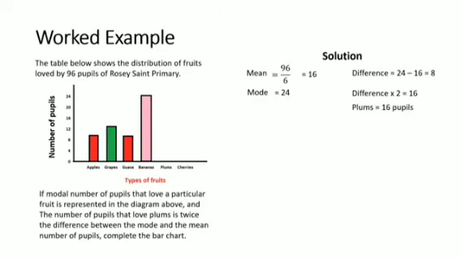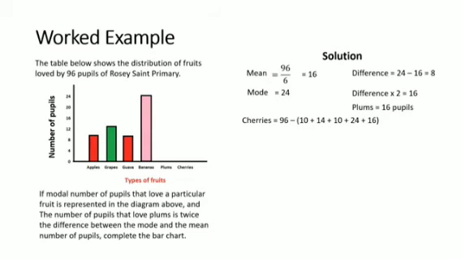Let us try to work out the number of pupils who love cherries. This will be the total number in the school minus all the number of pupils that love the various fruits that we have already found. That is, apples, grapes, guava, banana, and plums. So we would have 96 minus 10 plus 14 plus 10 plus 24 plus 16.